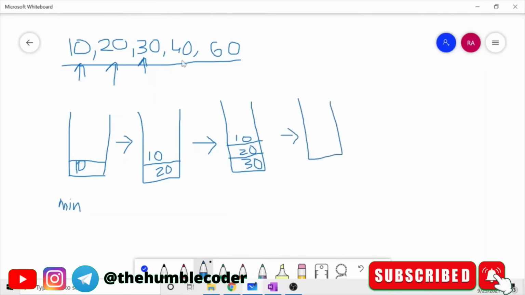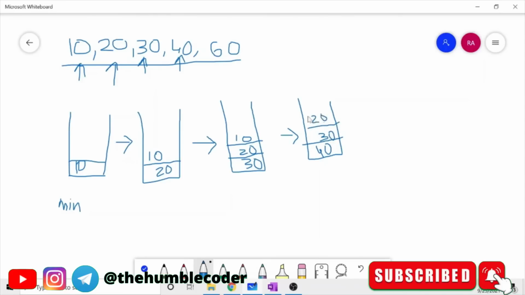Now the element that we will take next is 40, and we insert this in the heap. So 40 will come at the last position, and then above it all the other elements. The heapify procedure basically will take place over here. So 40, 30, 20, and then 10 will be at the topmost level.